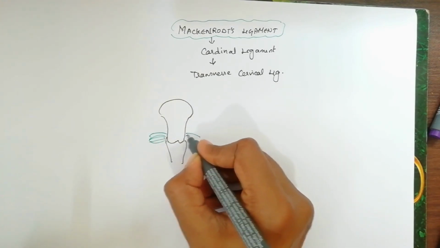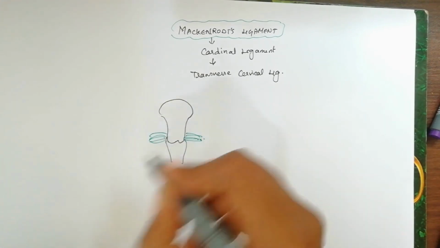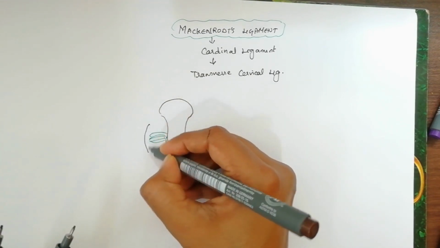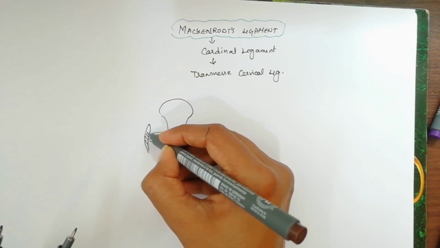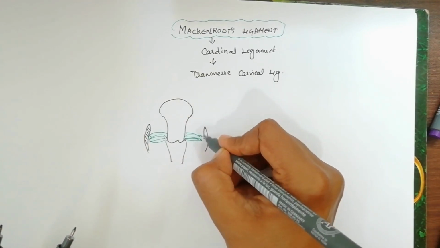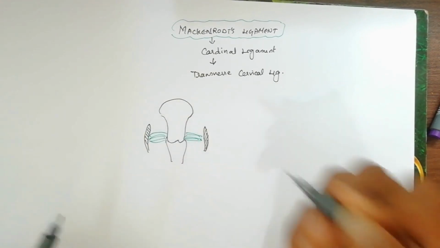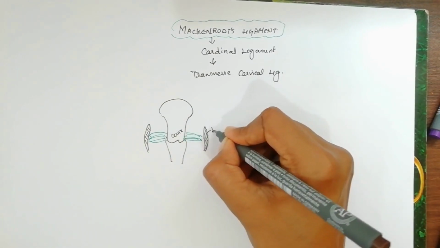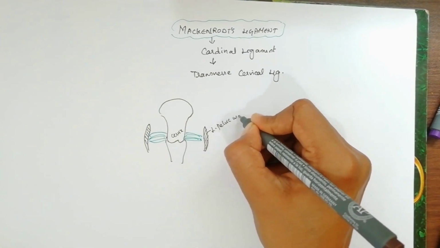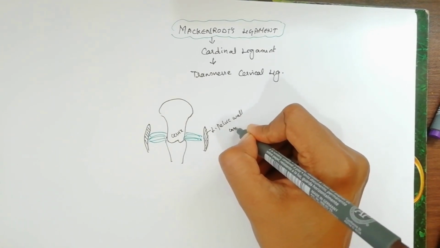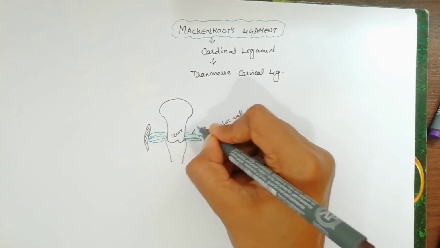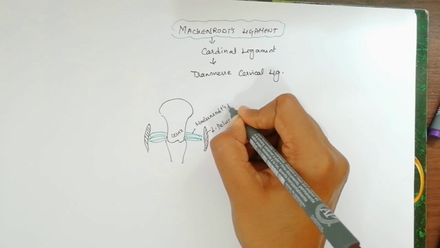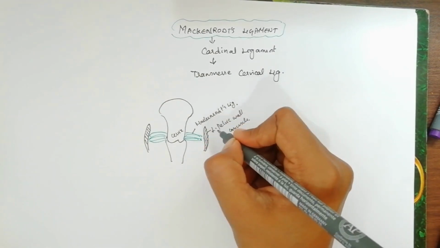After extending from the cervix, it is going to attach to the lateral pelvic wall muscles. We have lateral pelvic wall muscles such as levator ani. Till there it is going to extend. From the cervix to the lateral pelvic wall muscle, it is going to extend, that is Mackenrodt's ligament.